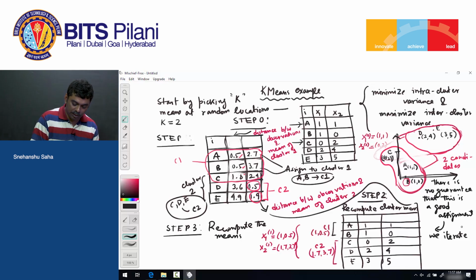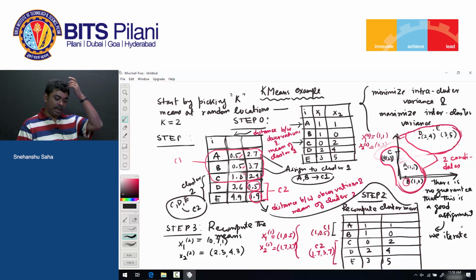So you will update the means as x1, x2, and those will be 0.7 and 1, and 2.5 and 4.3.